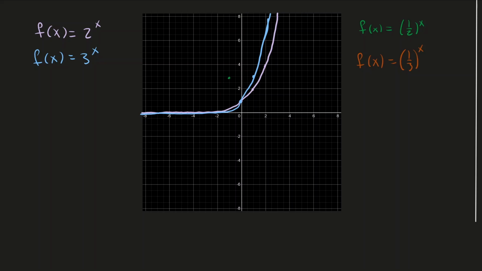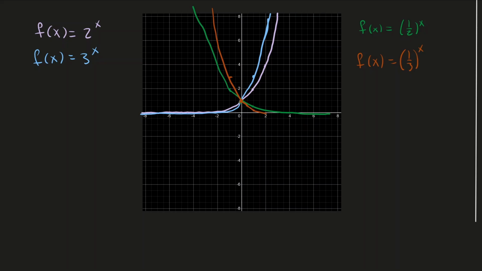So at negative 1, we're up here at 2, and then at 1, we're at 1/2. So this thing slides down like this, and it goes up. Again, not my greatest graph. And for this one, it crosses here and comes down to 1/3. So this thing comes through like this.